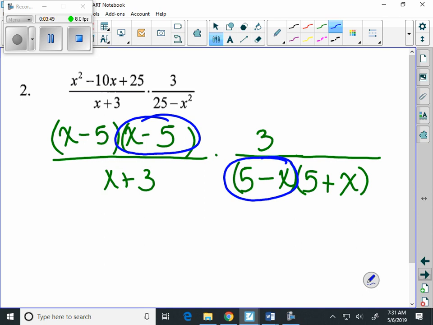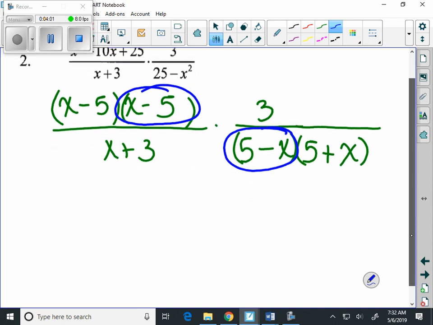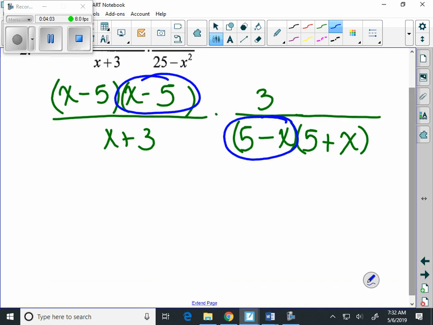What happens is the x in one of the terms is positive and the other one's negative. The 5, one of them's positive and one of them's negative. So they're the opposite sign. So what we're going to do is we're going to change one of the signs here. And in other words, I'd like to change the numerator, but it doesn't make any difference.